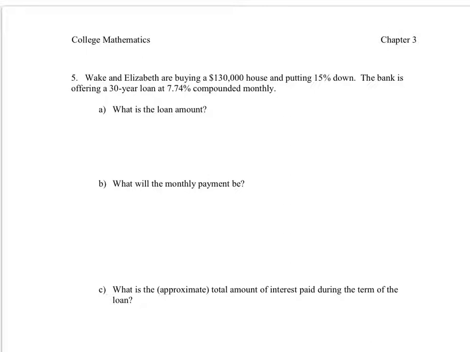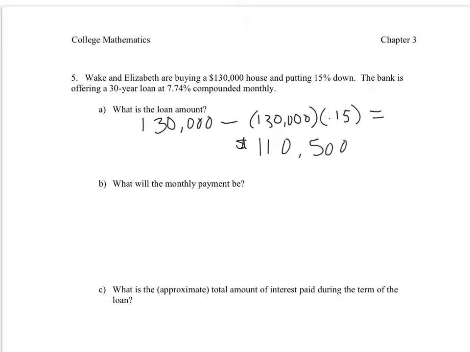If the purchase price is $130,000 and they're going to put 15% down, then we subtract out 130,000 times 0.15. That's the amount they're putting down as a down payment, which means they're going to finance $110,500.